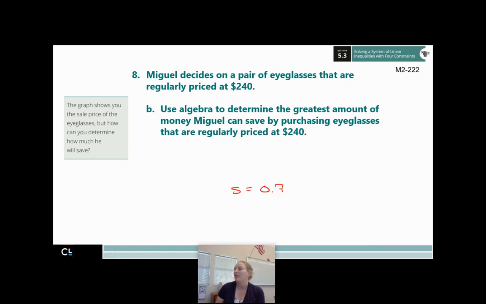So 0.75 times R. We'll plug in for R: 0.75 times 240. So 240 times 0.75 means the greatest amount Miguel could save here is $180.